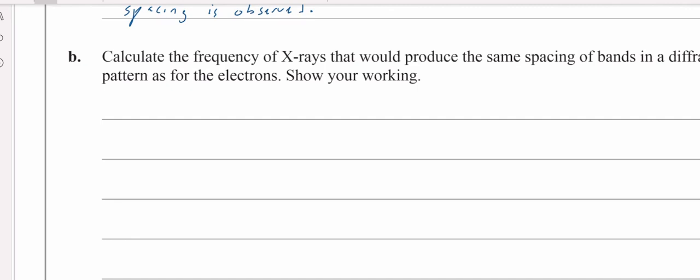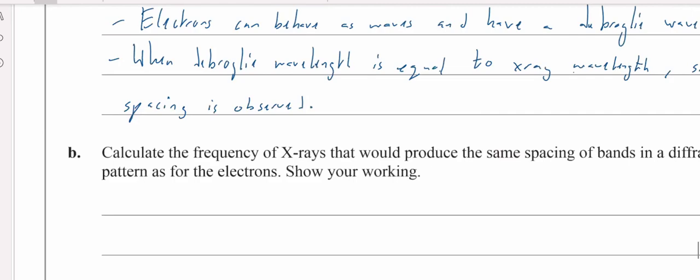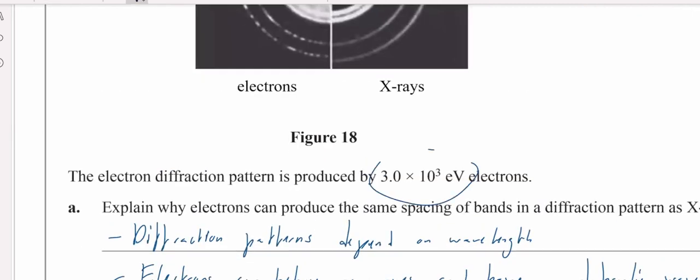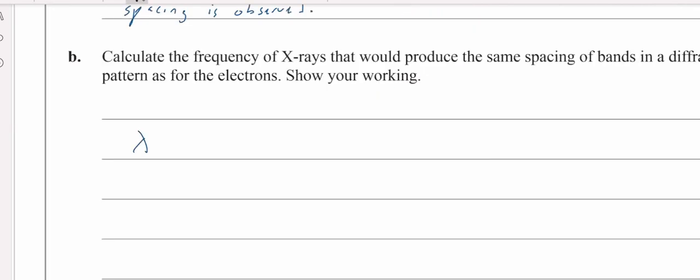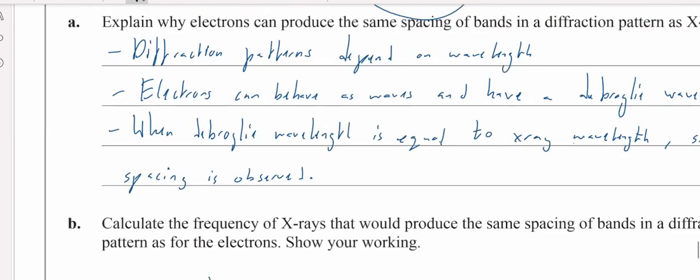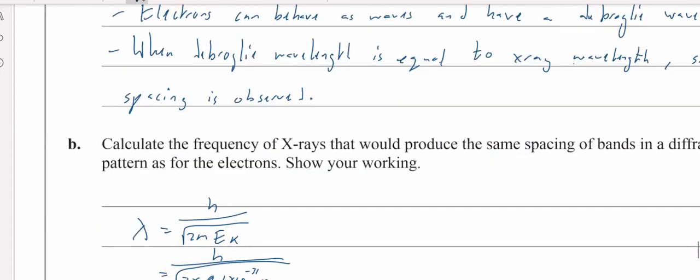So we have the energy of electrons, and we can use the formula lambda equals h over root 2 m E. Okay, E has to be in joules, so h over root 2 times mass, which is 9.1 times 10 to the power minus 31, and the electron's energy 3 times 10 to the power 3.